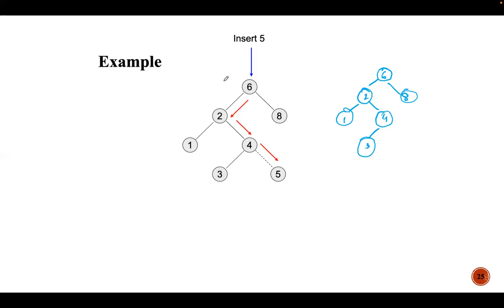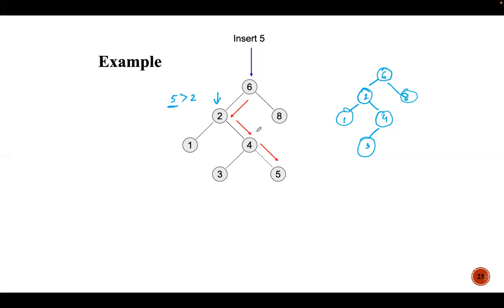We start from the root 6, 5 is less than 6, so go to the left. Now in this left subtree, we find the node 2. 5 is greater than 2. So where should 5 go? 5 has to be part of the right subtree of 2. So go to the right.